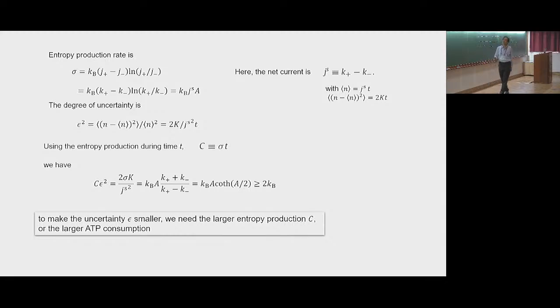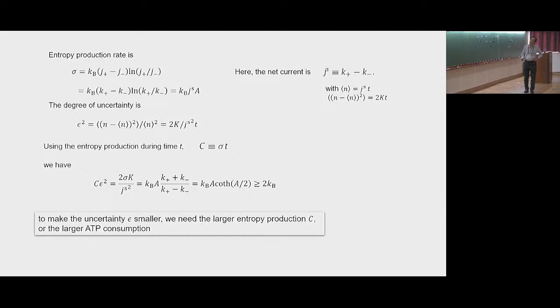So this gives the entropy production, and in this case it can be written like this: J is k plus minus k minus, and A is the free energy difference for the forward and backward processes.